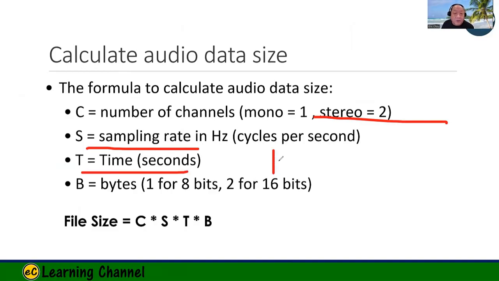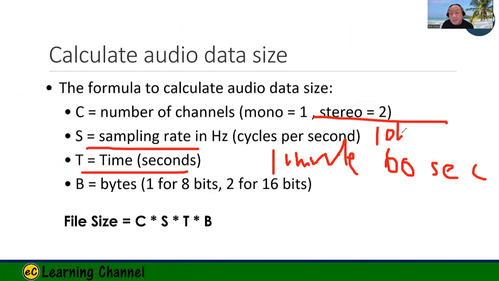Let's assume that you have 1 minute MOOC. So 1 minute would be 60 seconds. Okay, let's assume that you will sample like 10K hertz range. So 10K hertz means that you have 10,000 hertz.